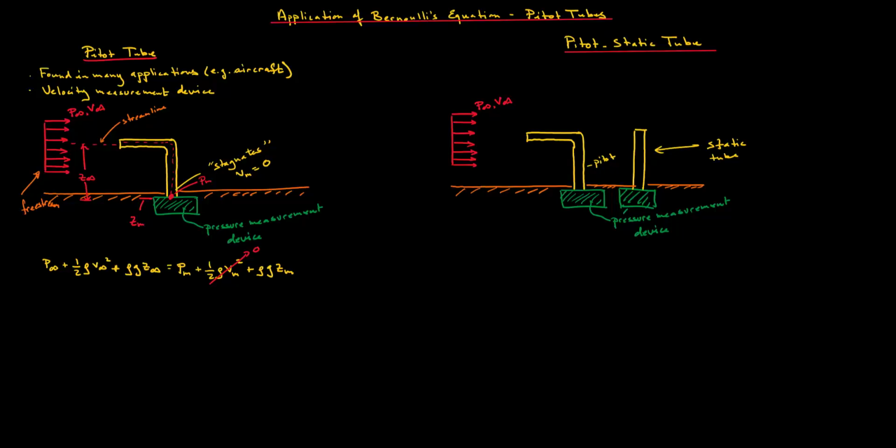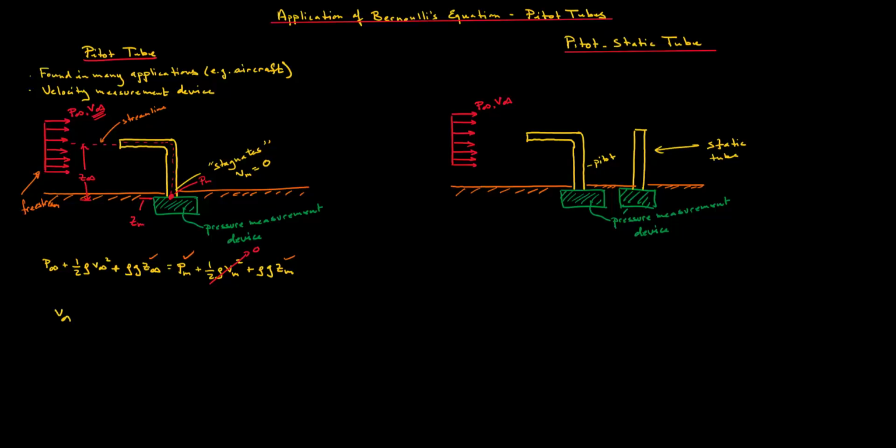And again, just to reiterate, this is a velocity measurement device, which we seek to use to find out what the free stream velocity V infinity is. This is very useful for an aircraft to know the wind speed, for example. Pm is known from the pressure measurement device, and Z infinity and Zm are also known. So we can solve for this.